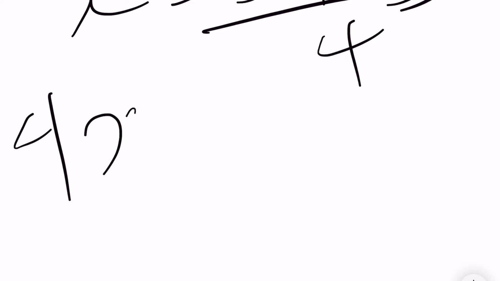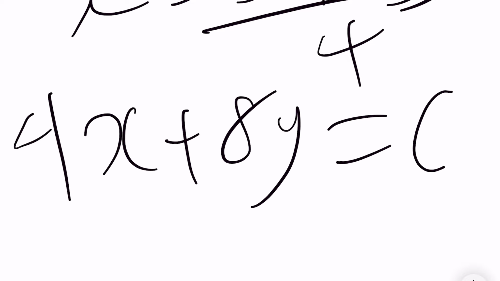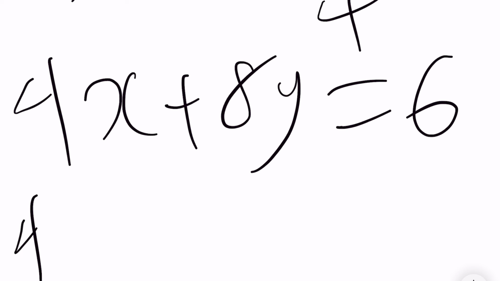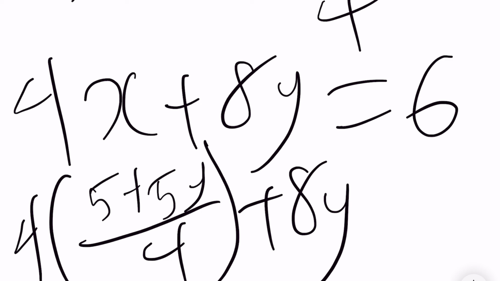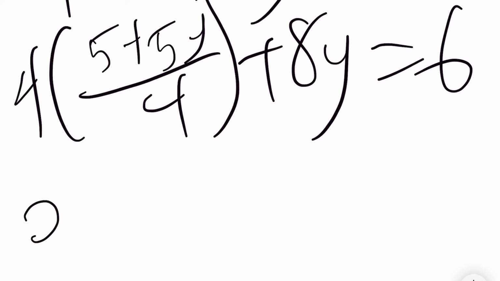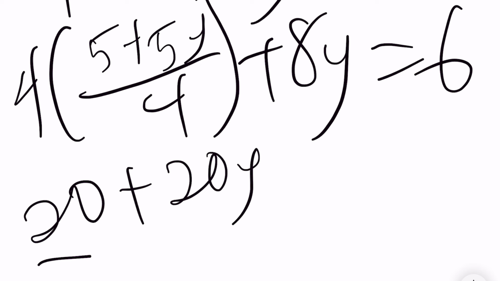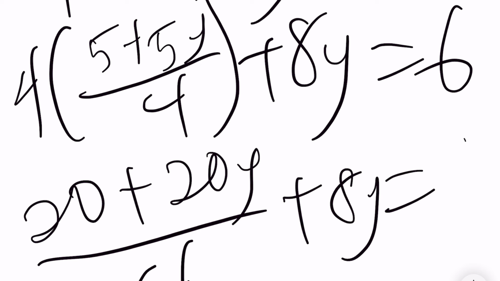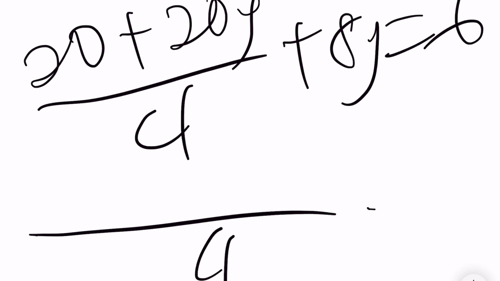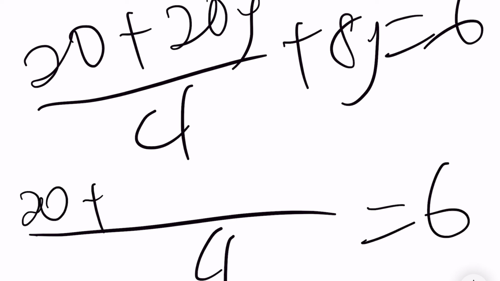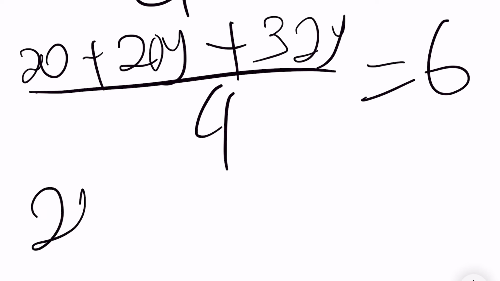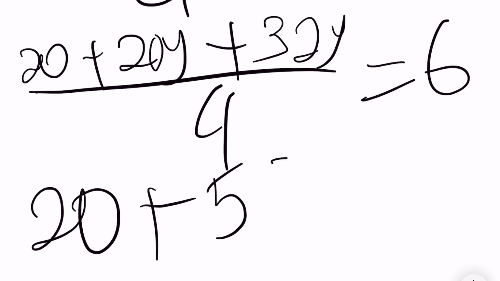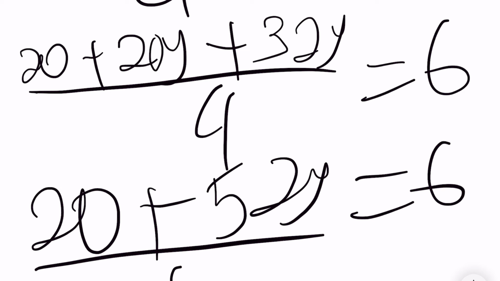So for our y, which is 4x plus 8y equals 6, we have 20 plus 20y over 4 plus 8y equals 6. We have 20 plus 20y plus 32y. Here we have 20 plus 52y equals 6.